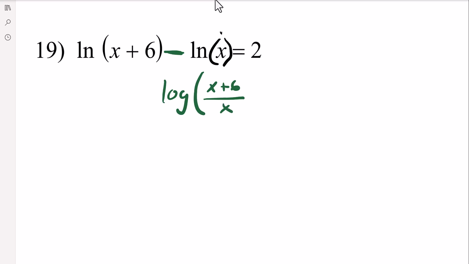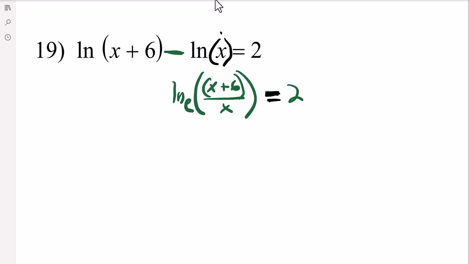The denominator is x. Remember, you can't do that, because remember, this whole thing looks like that. And because that says ln, not log, the base is automatically e. So we don't have ln on both sides. All we have is this is equal to 2.